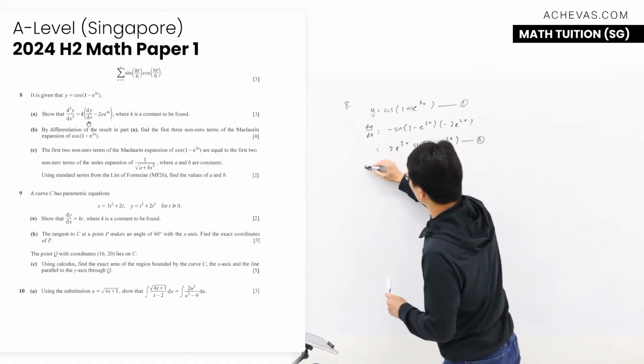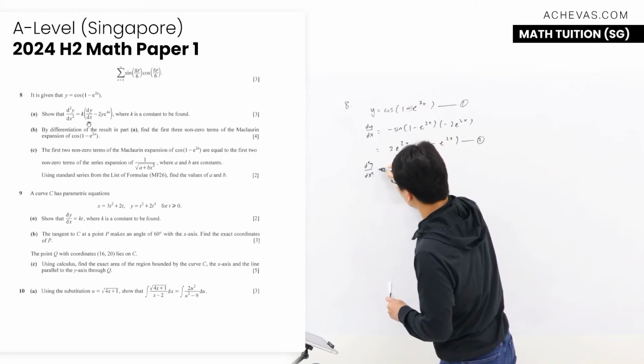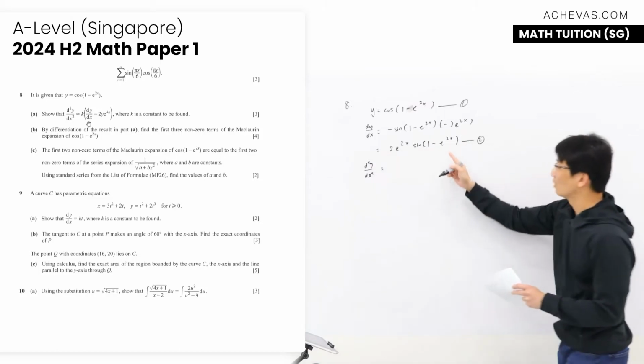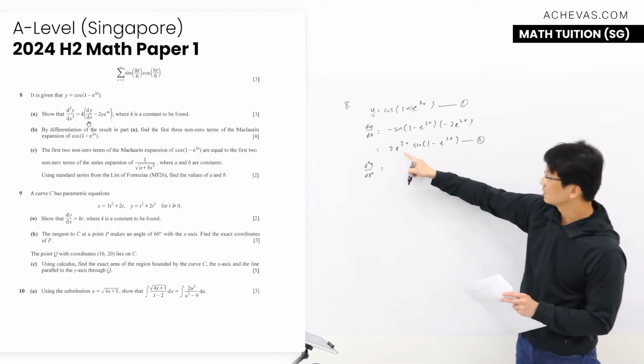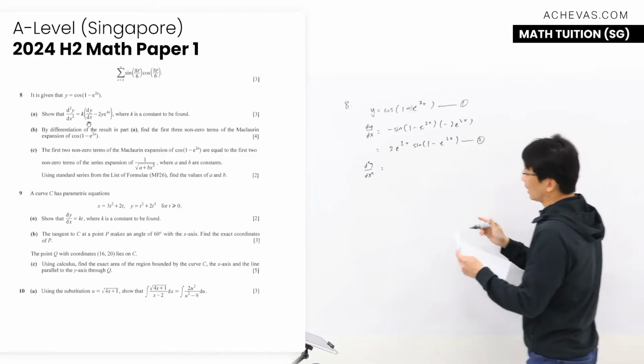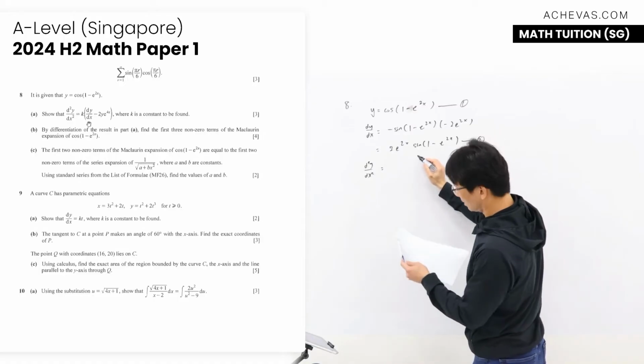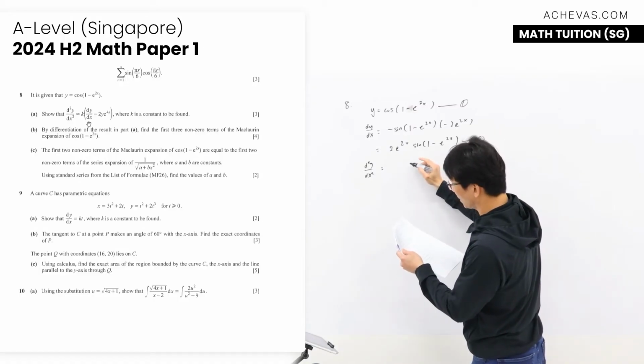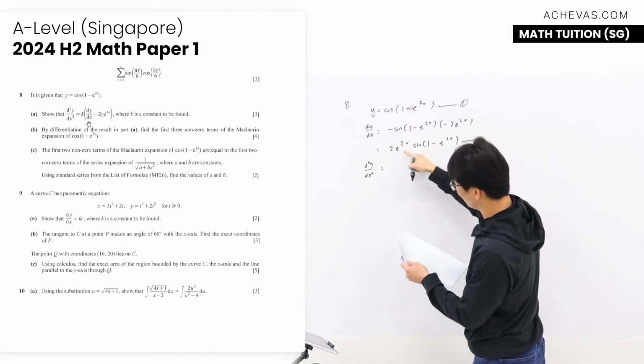I'm going to differentiate this another time. I think I'm supposed to make use of the product rule here because it comprises 2 different terms. I treat this as one term and this as another term. I'm going to keep this and differentiate this first.